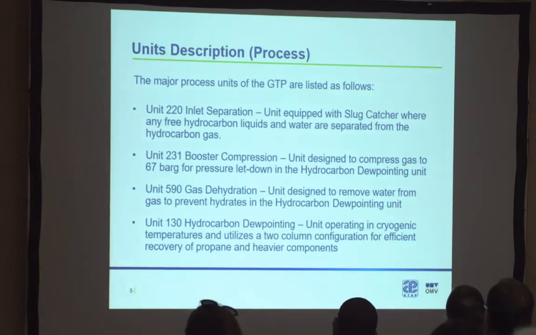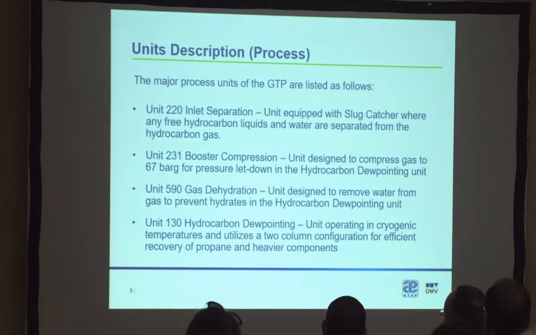So this is a more detailed description of the units. You have unit 220, equipped with slug catcher, where any free liquid from the pipeline and water are separated into hydrocarbon gas. Booster compressor designed to compress gas up to 67 bar gauge.